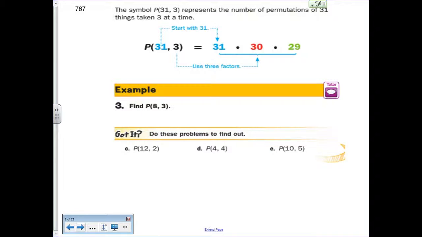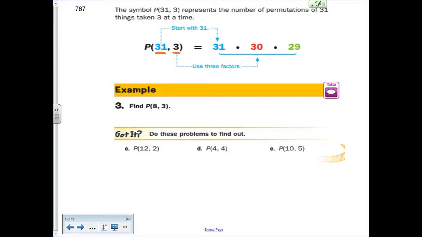So what that actually means is what we just did. There were 31 flavors of ice cream, and we want to look at all the different permutations there would be if I only use 3 of those 31 things at a time. So I'm going to start with 31, multiply it by 30, and then multiply it by 29.